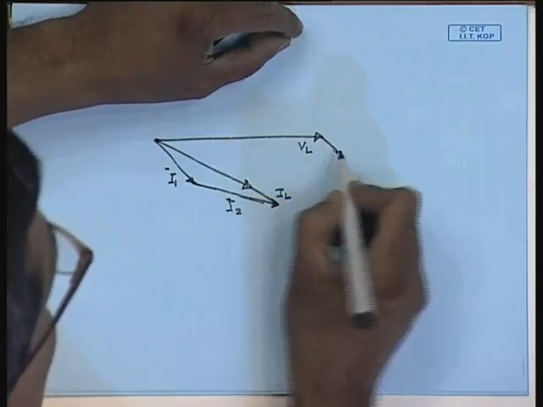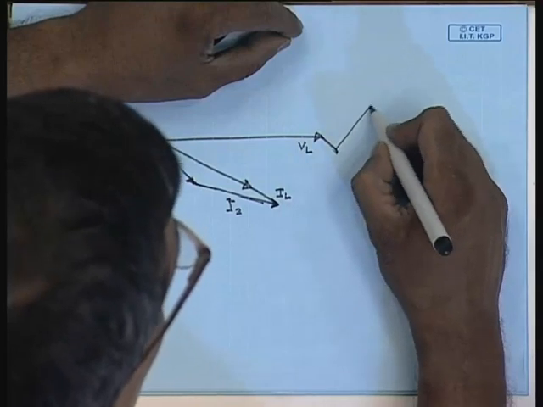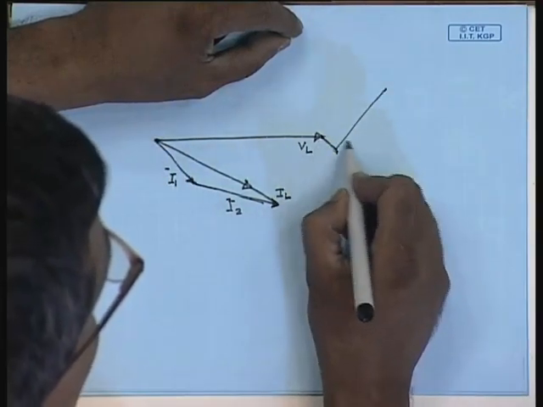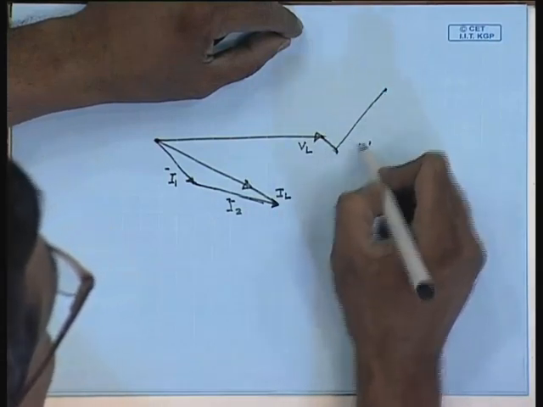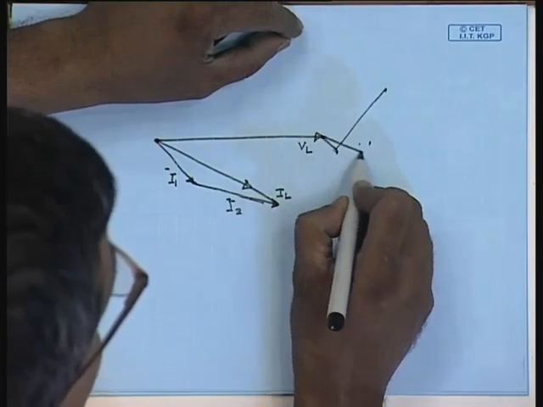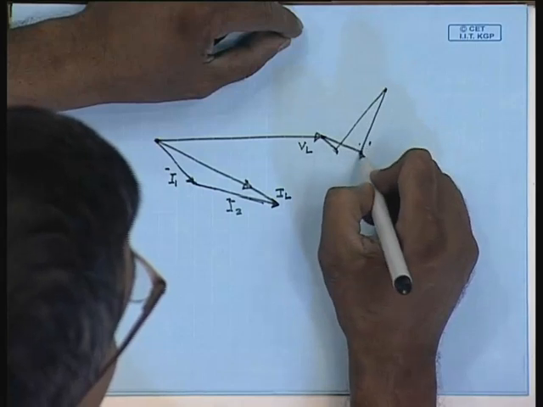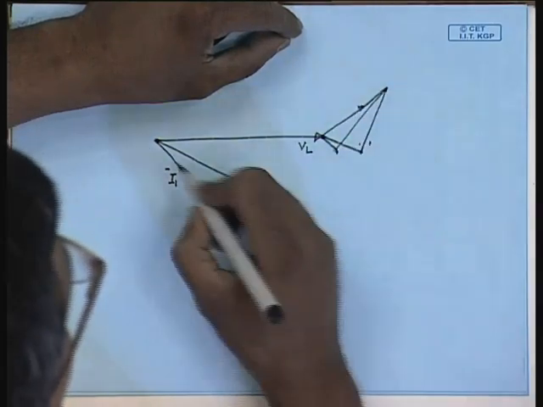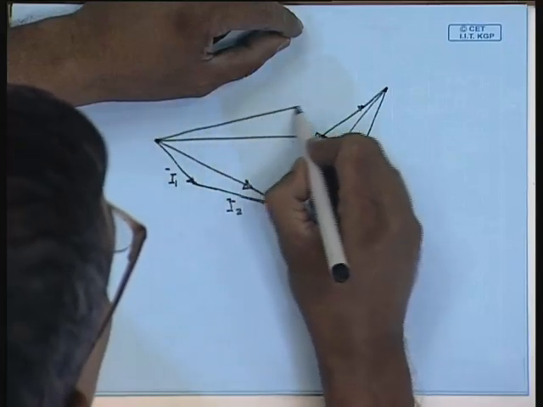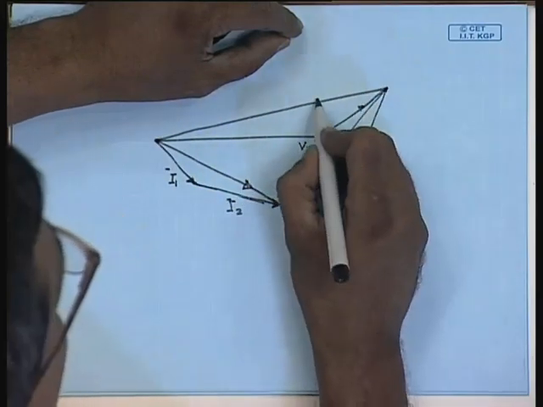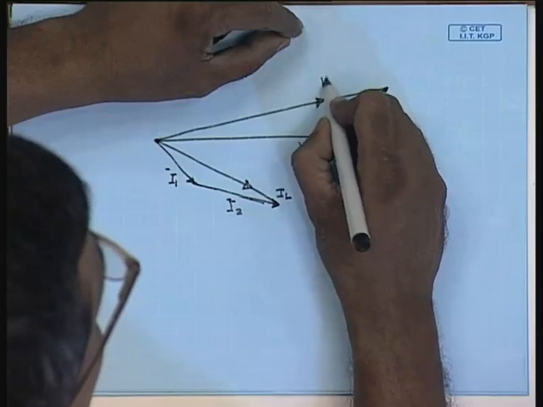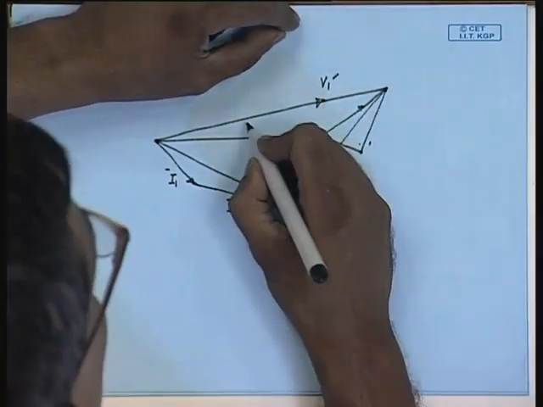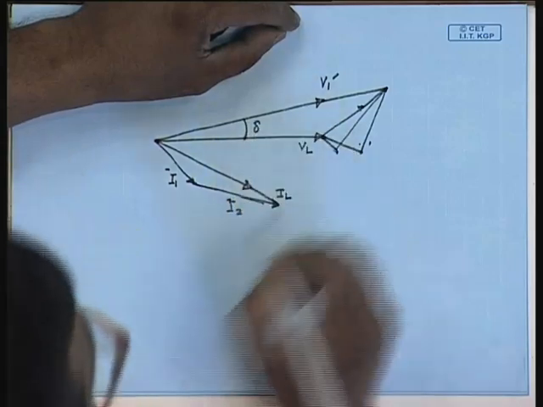So, the impedance drops are like this, and this is the applied voltage V1 dash. Let this angle be delta.